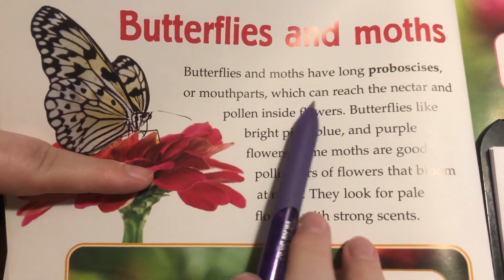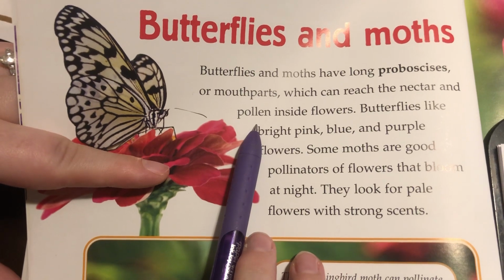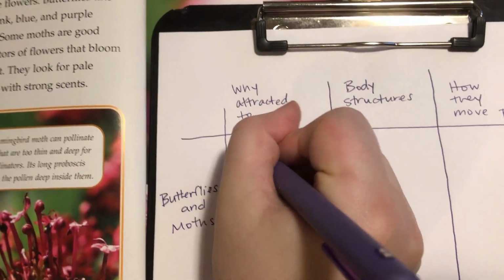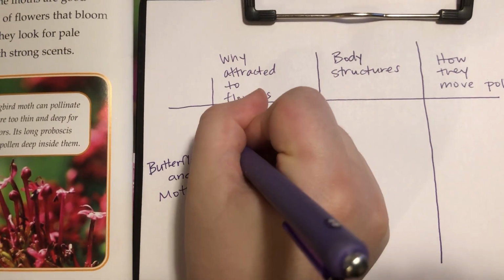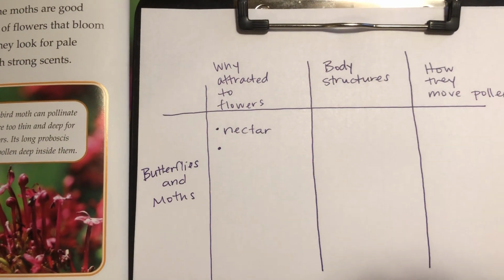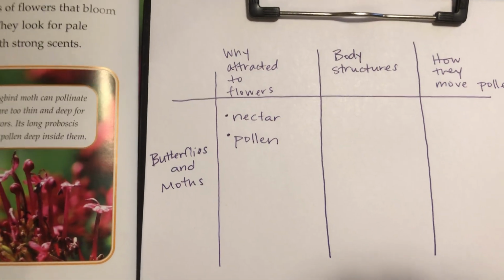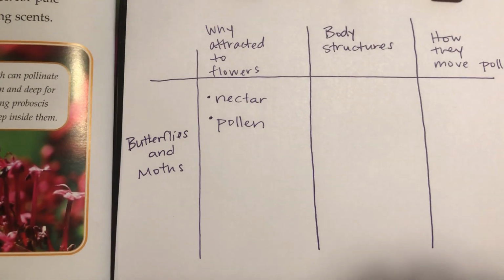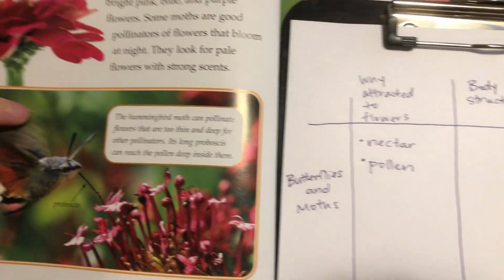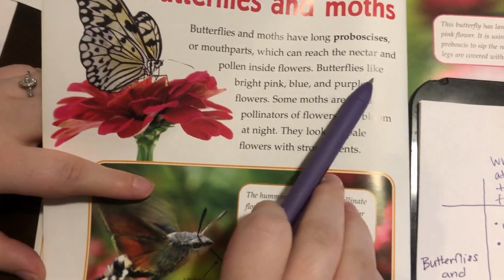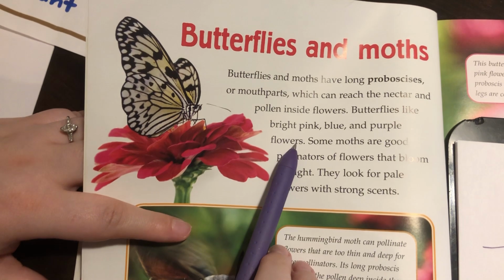Well, they use their mouth parts to reach nectar and pollen. So that tells me that one reason they go to the flowers is for nectar, remember that sweet juice of the flowers, and for pollen, again, the powder deep inside of the flowers. But notice here, butterflies like bright pink, blue, and purple flowers.